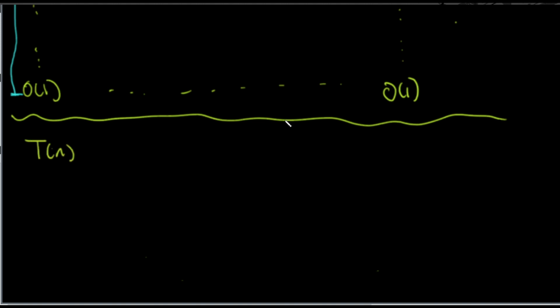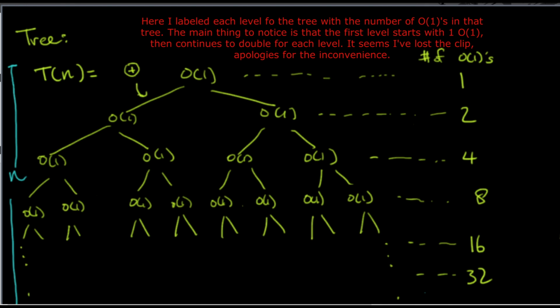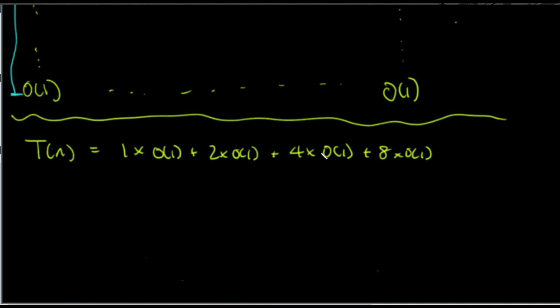So if I were to write out this T of n in a different way and utilize these number of O of 1s that we made here, then I would say that T of n would be 1 times O of 1 plus 2 times O of 1 plus 4 times O of 1 plus 8 times O of 1, where each of these terms represents the O of 1s at a level, plus 16 times O of 1 plus dot dot dot.